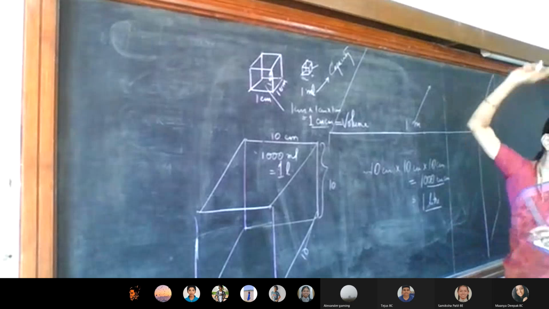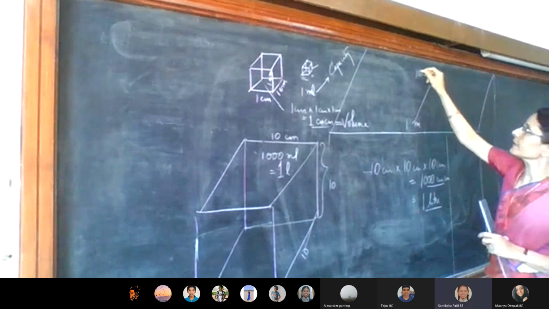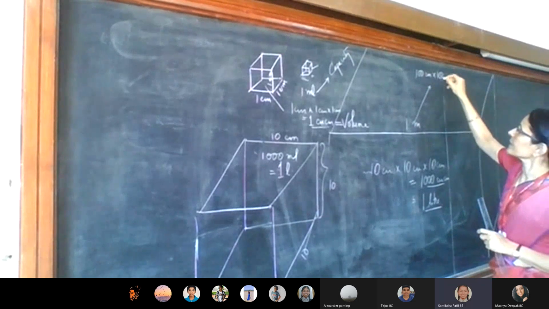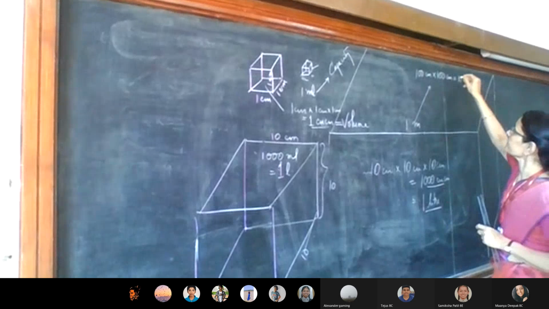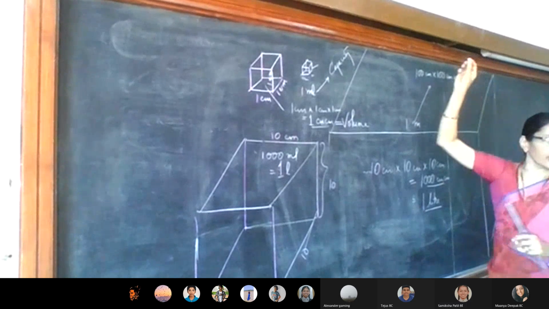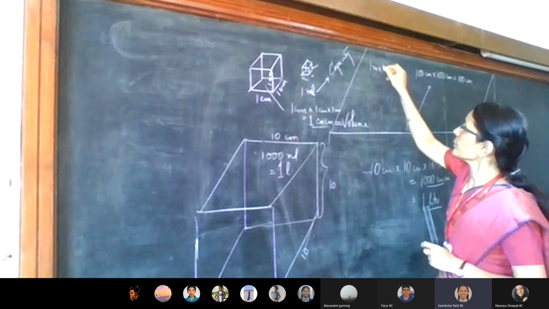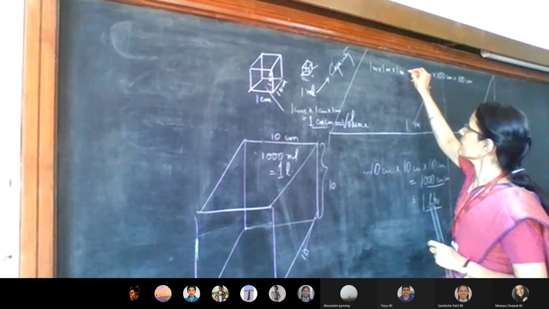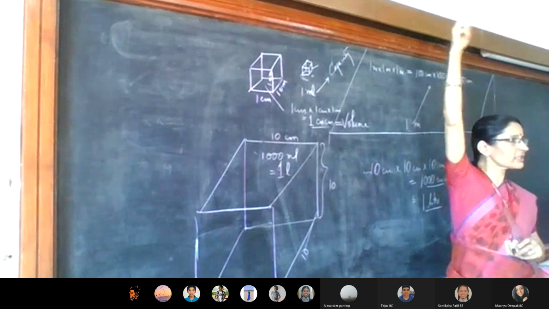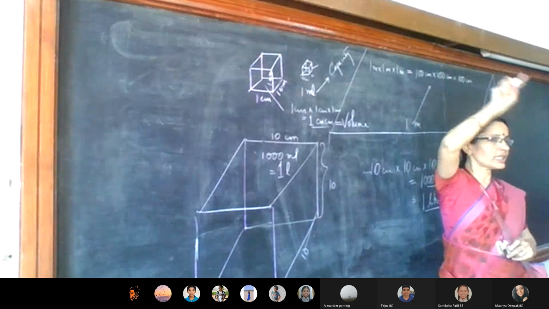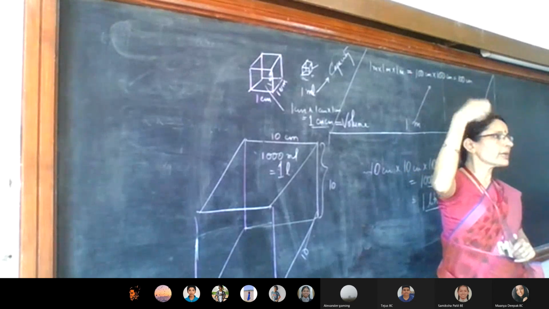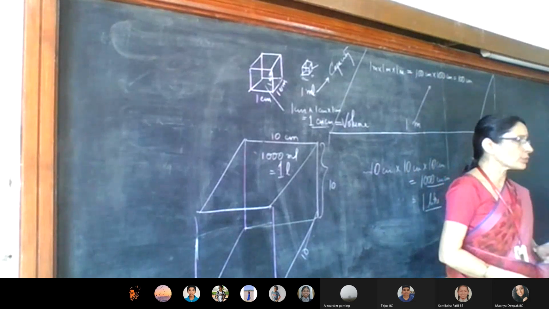Next, 1 meter. This is the 1 meter tank. So 100 centimeter into 100 centimeter into 100 centimeter gives 10 lakh cubic centimeters. It is 1 meter into 1 meter into 1 meter, because for the tank, 1 meter is the edge, so multiply 3 times to get the volume.